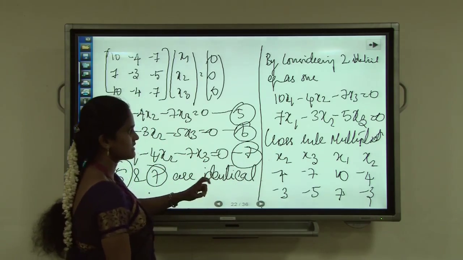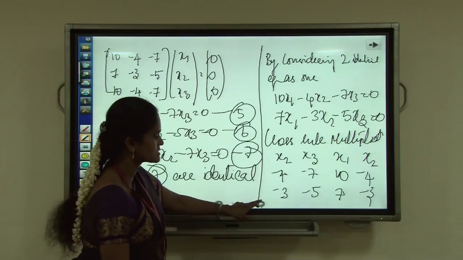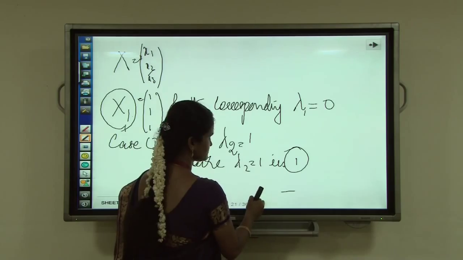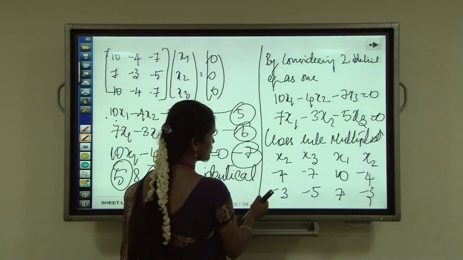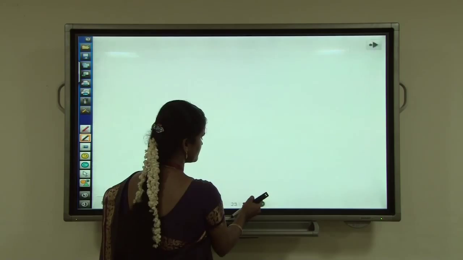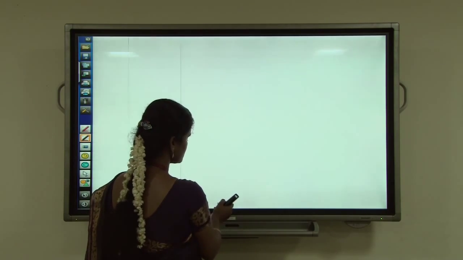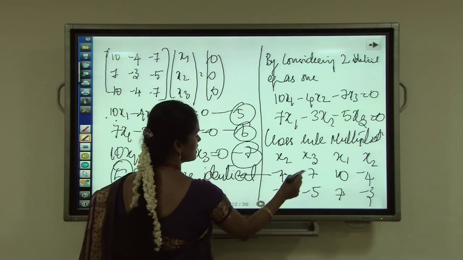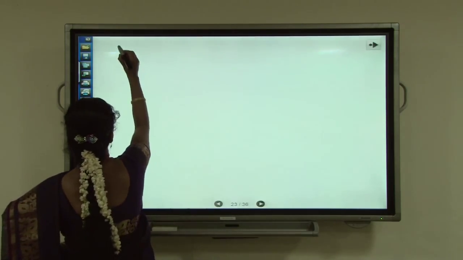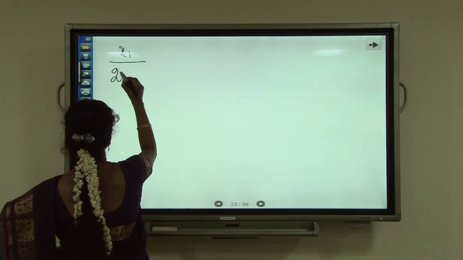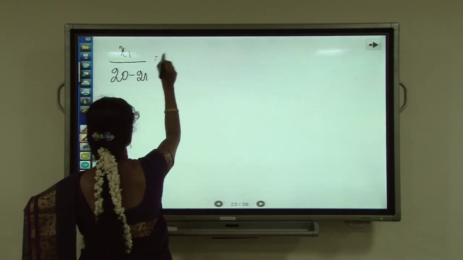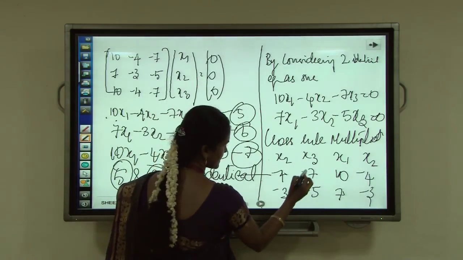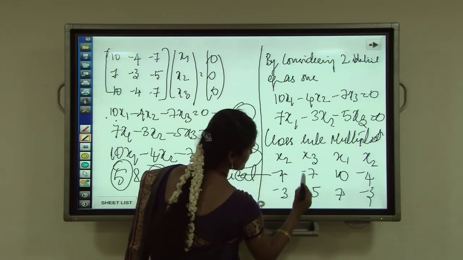Similarly, as we have done for the previous case, proceeding with cross rule multiplication, in order to get the value of x1, I am going to get the determinant of this. So you get 20 minus 21. x1 is going to be 20 minus 21. So let us find x2.